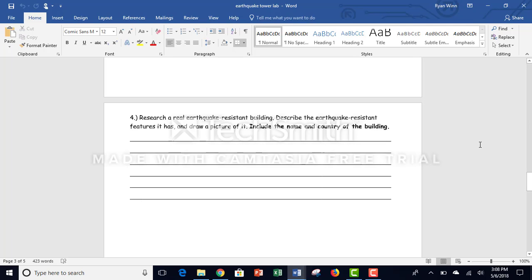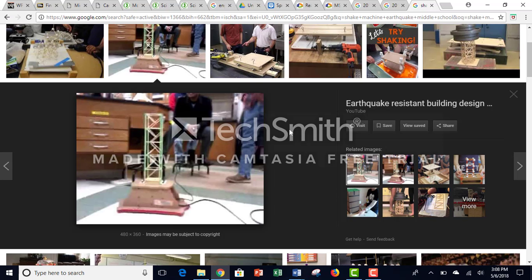Okay, now, in terms of the groups of students that this would help: students with physical disabilities, if they have trouble using their hands, there are many online programs available where you can create a building online and see how it will do under a simulated earthquake.